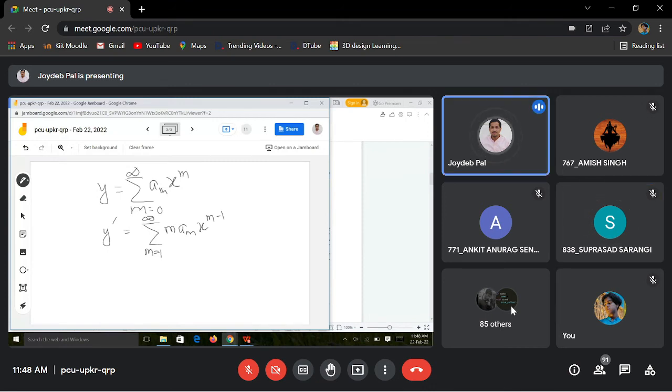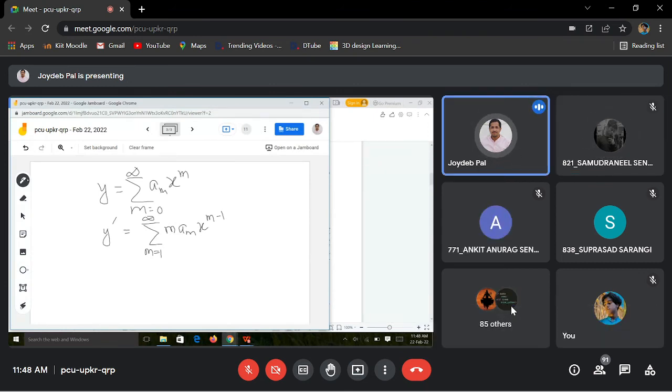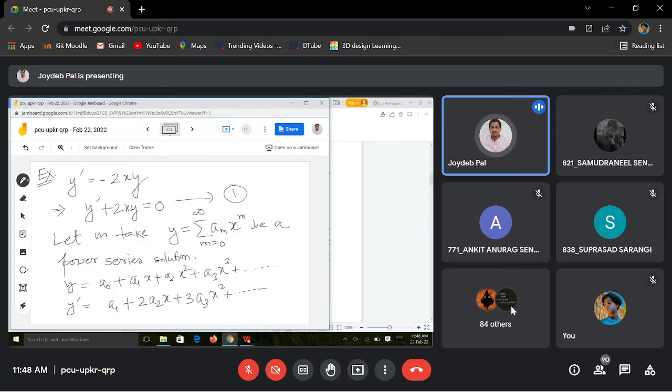If you put 0, no. In the series of y, there was a naught, and that a naught does not remain after differentiation. The series of y starts with a naught plus a1 x plus a2 x square. So the first term is a naught, and after differentiating it vanishes. After differentiation the series starts from a1: a1 plus 2 a2 x plus 3 a3 x square.